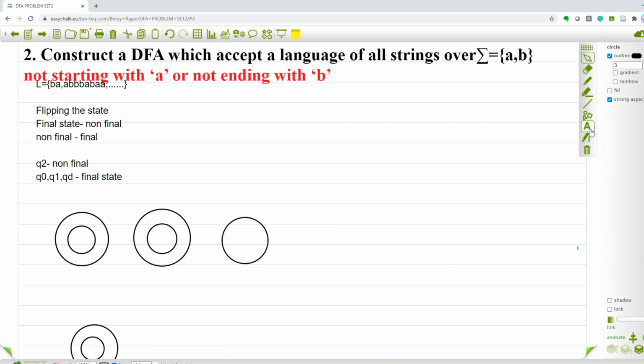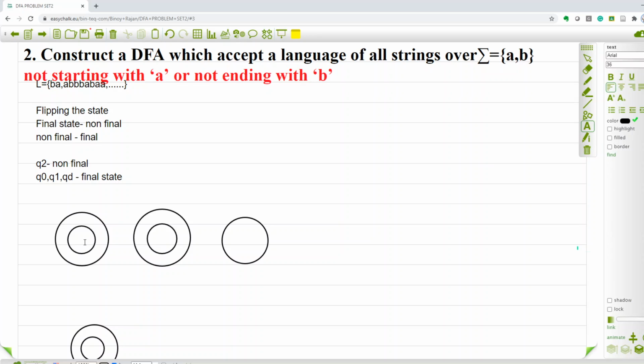Now label the states: Q0, Q1, Q2, and QD.